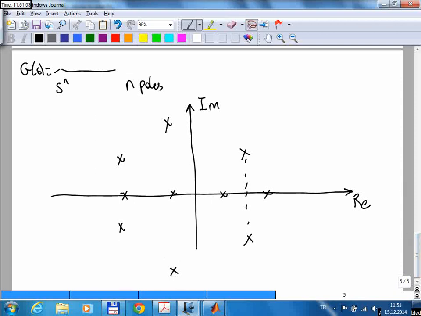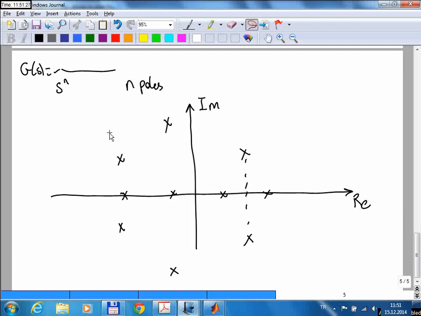Now, I'm telling you that where these poles are located gives you everything about the dynamics of your system, including its stability property. So by looking at where they are, you can immediately tell whether your system is stable or unstable. And in addition to that, you can tell how that system behaves under certain conditions.